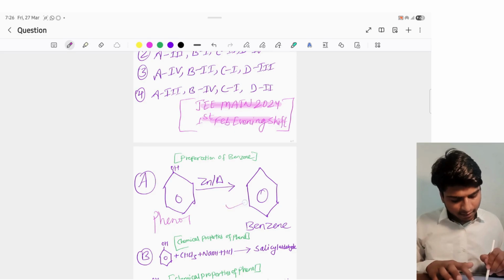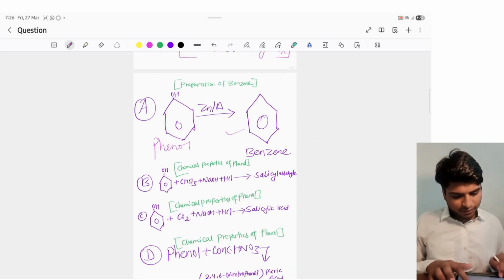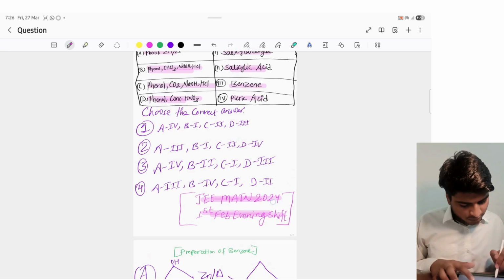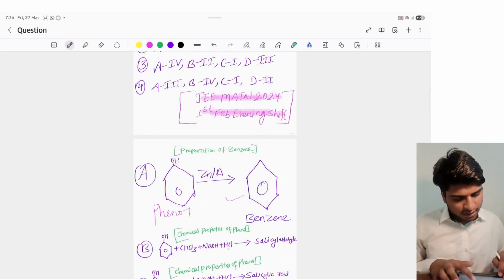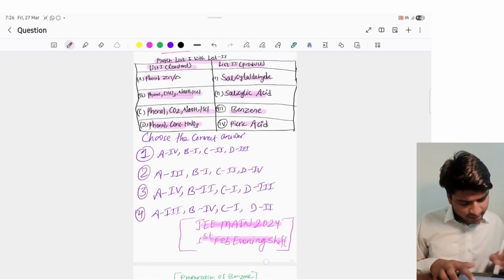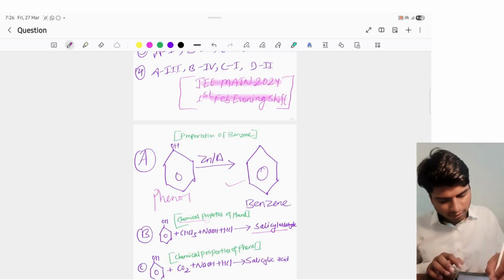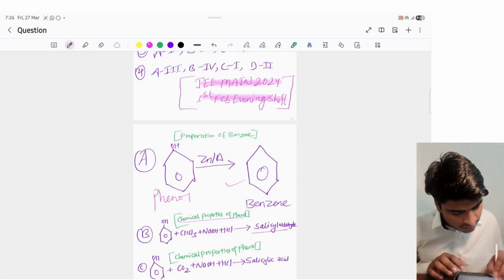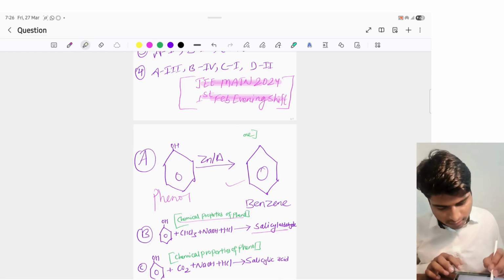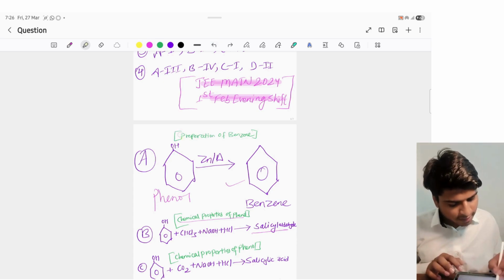And second, phenol with NaOH and HCl will give salicylic acid. This reaction we studied in the chemical properties of phenol. The benzene reaction we read in the preparation of benzene.